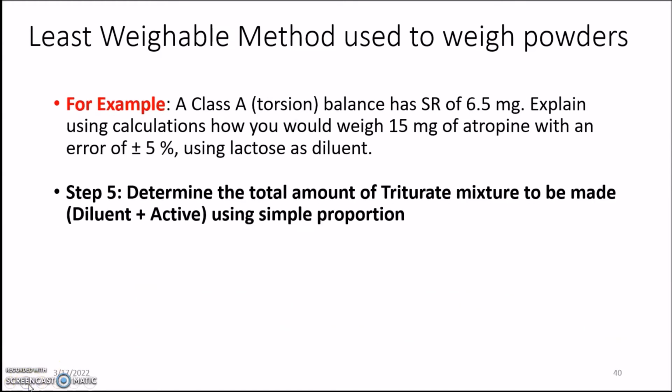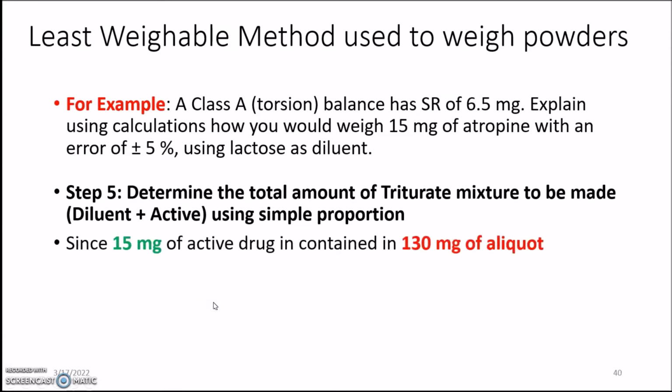The next step is to determine the total amount of triturate mixture to be made. This triturate mixture is going to contain the total amount of drug that you are going to weigh plus the diluent. You mix those together to form your triturate or mixture. From that triturate, you're going to remove an aliquot of 130 milligrams, which will contain the 15 milligrams, because that's a statement we made at the onset.